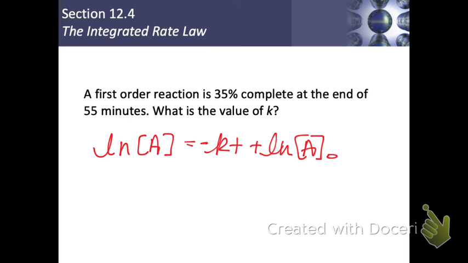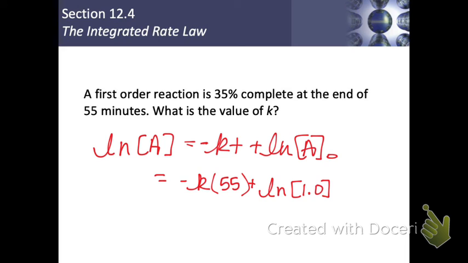So I'm going to say that my initial concentration is just 1. My time I know is 55 minutes. I'm solving for K, so that's got to stay. If my initial concentration is 1 and it's 35% complete after that point, what's my final concentration going to be?